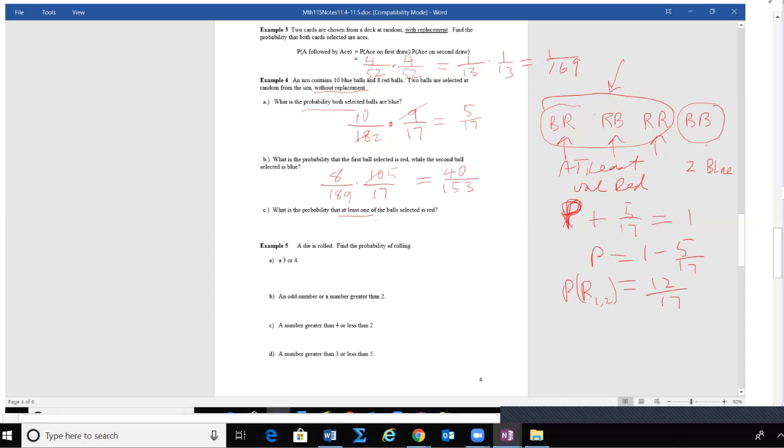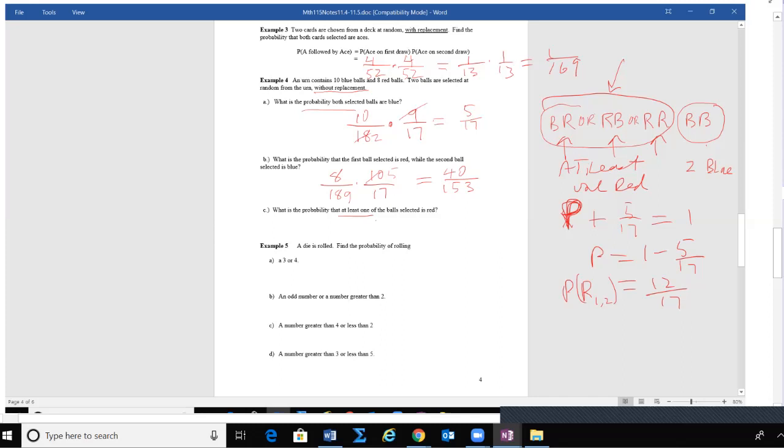Probability of a blue followed by a red. Then, see, this is this or this, right, or this. So you'd be calculating this probability, then add it to this one, then add it to this one. Now, there's no way that these events can occur at the same time. In other words, you can't have an and. You can't have blue and red and blue.